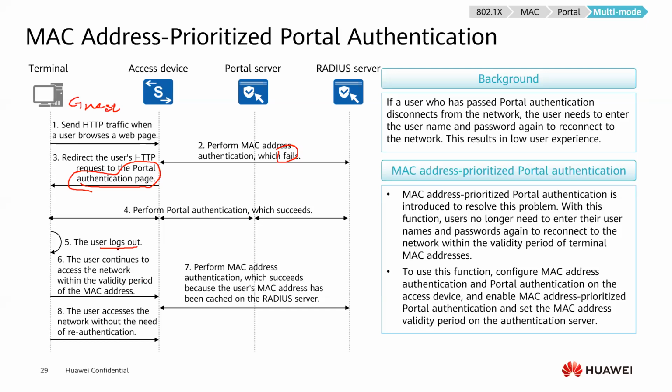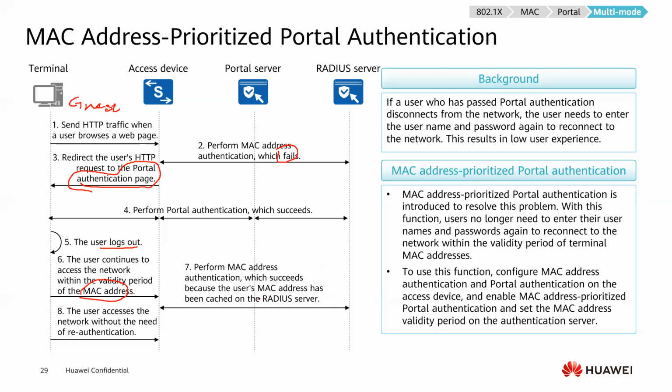So when it logs out, the users will use the MAC address to go through the MAC address authentication process, because when it successfully passed the portal authentication, the MAC address was recognized by the RADIUS server.